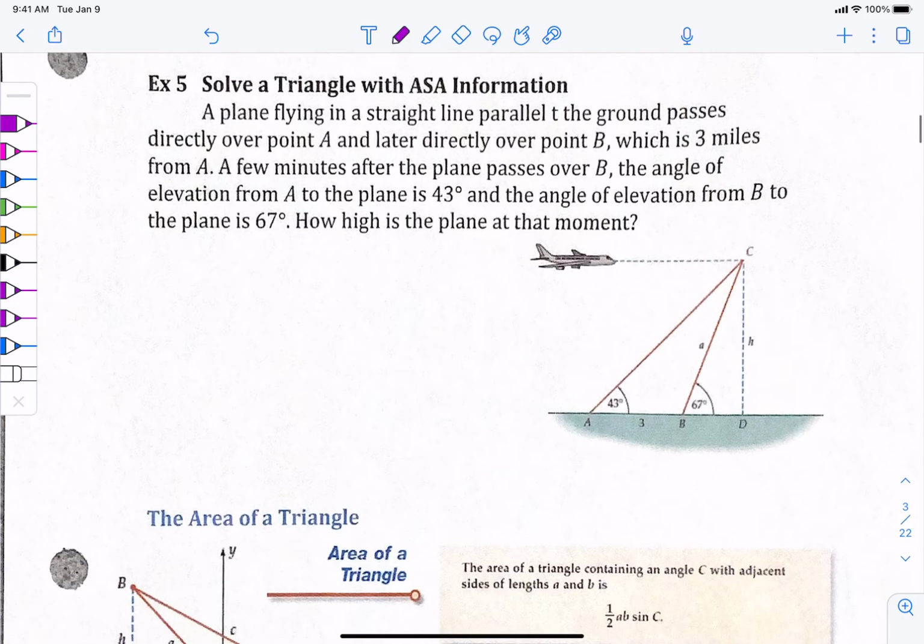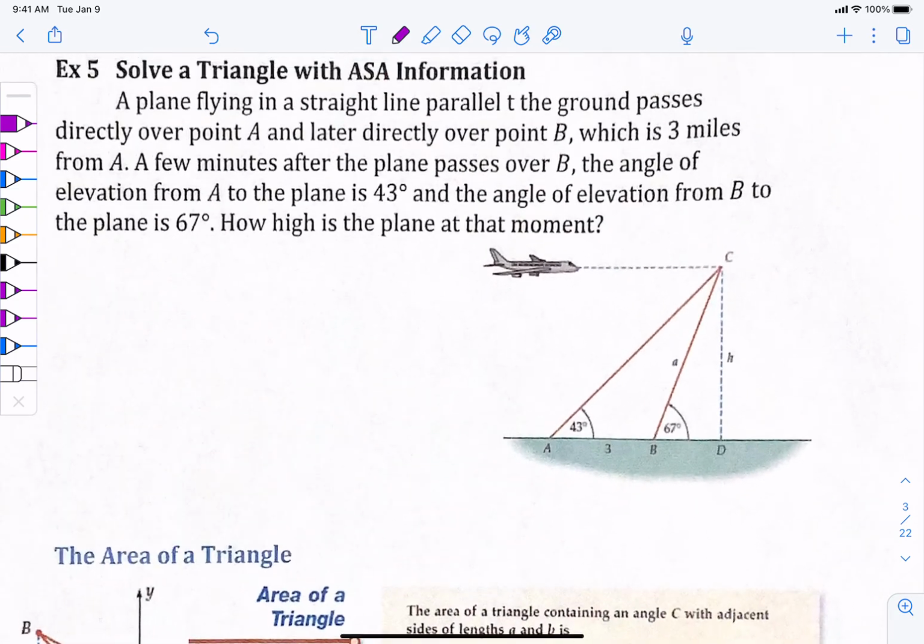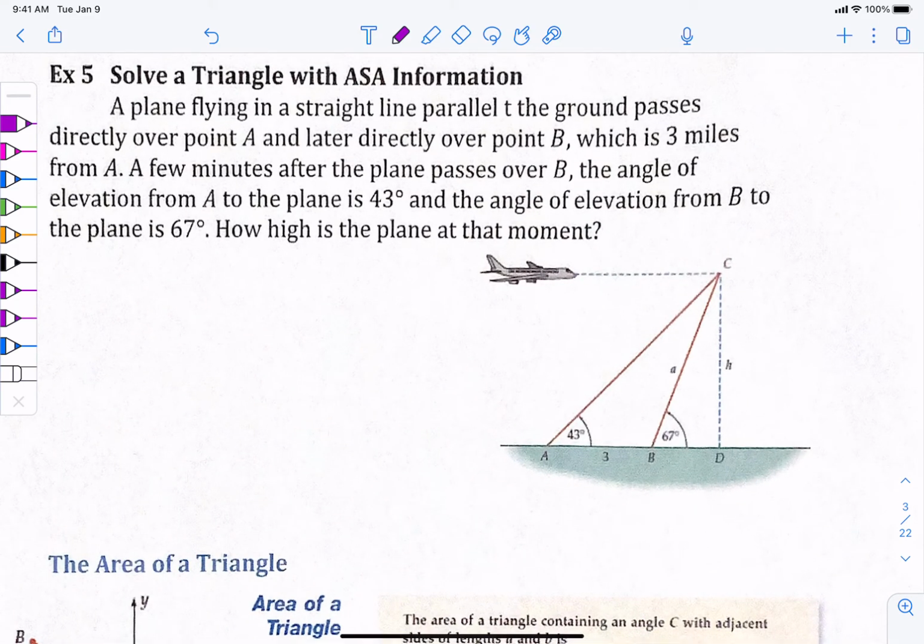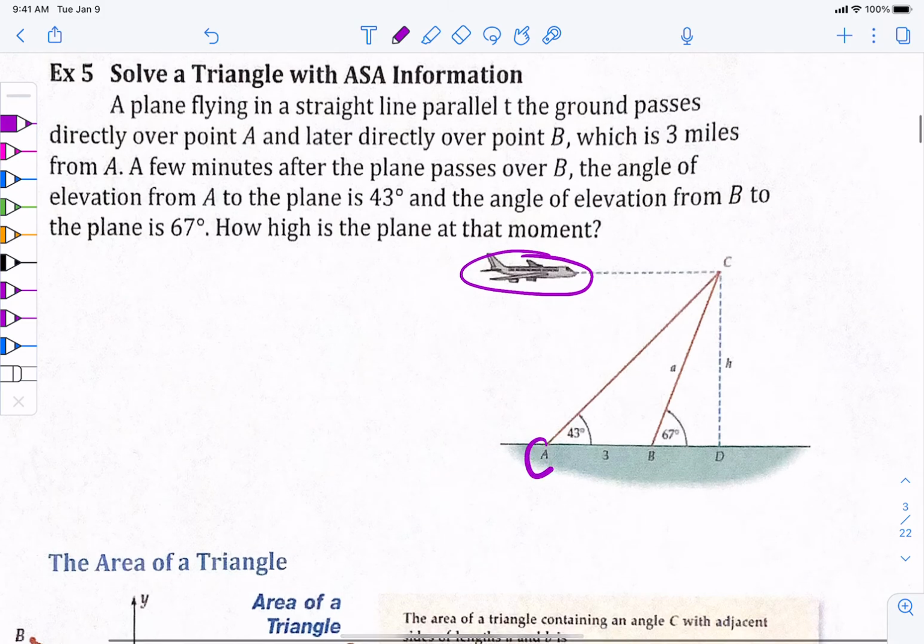They want us to solve this triangle using this information. All right, so I'm going to read through this real quick. We have the diagram. That's going to be what we use to help us the most. A plane, which is right here, is flying to the right, in a straight line parallel to the ground, passes directly over point A, and point A is here.